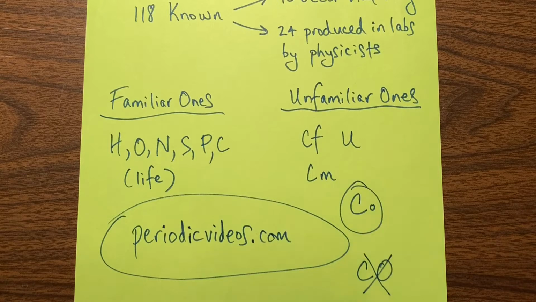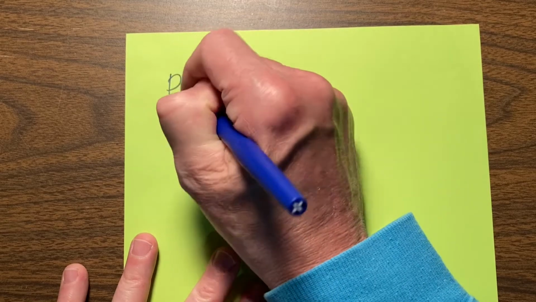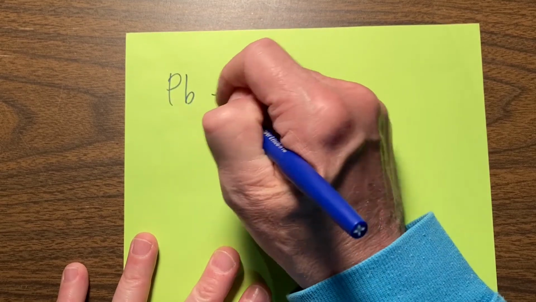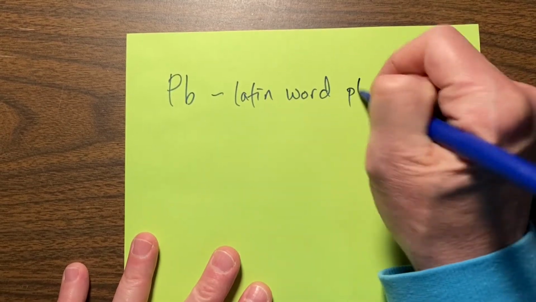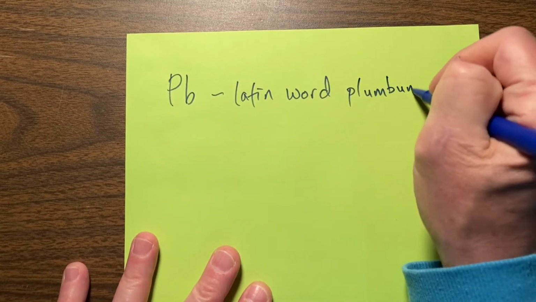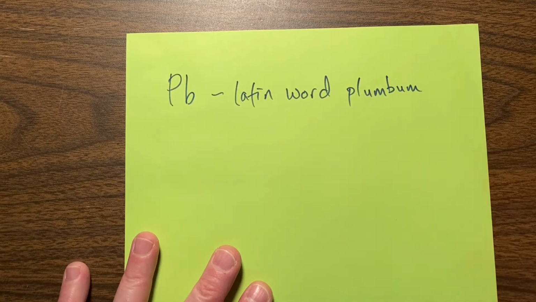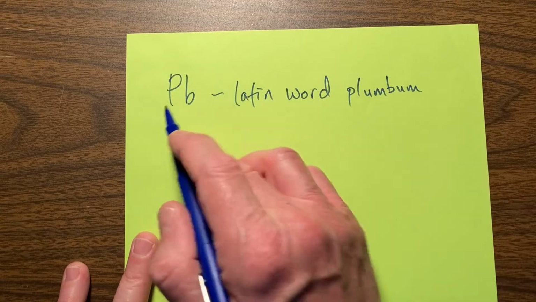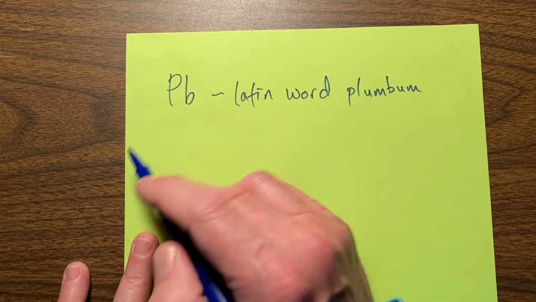A lot of the symbol names come from Greek and Latin names. Some are from German, but most of them come from Greek and Latin names. For instance, the element lead comes from the Latin word plumbum, and that's where the word plumber comes from. Plumbers work with plumbing, and plumbing pipes used to be made of lead. So that's the symbol for lead, Pb.